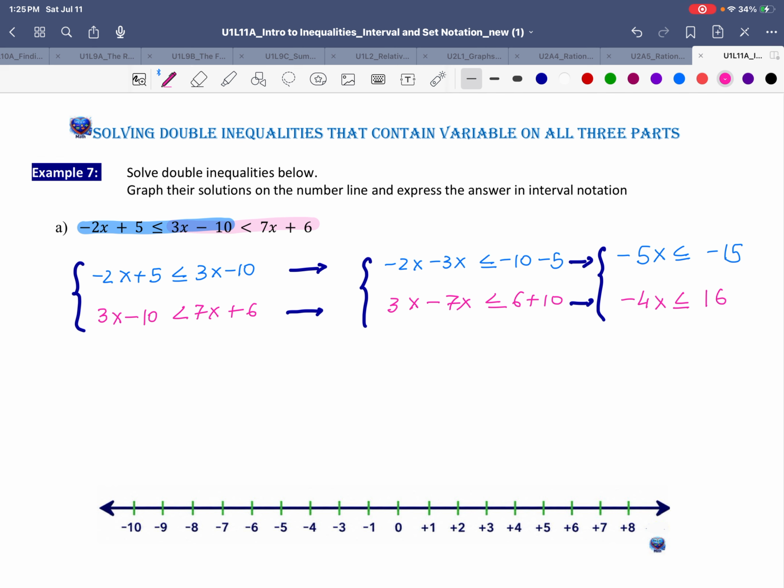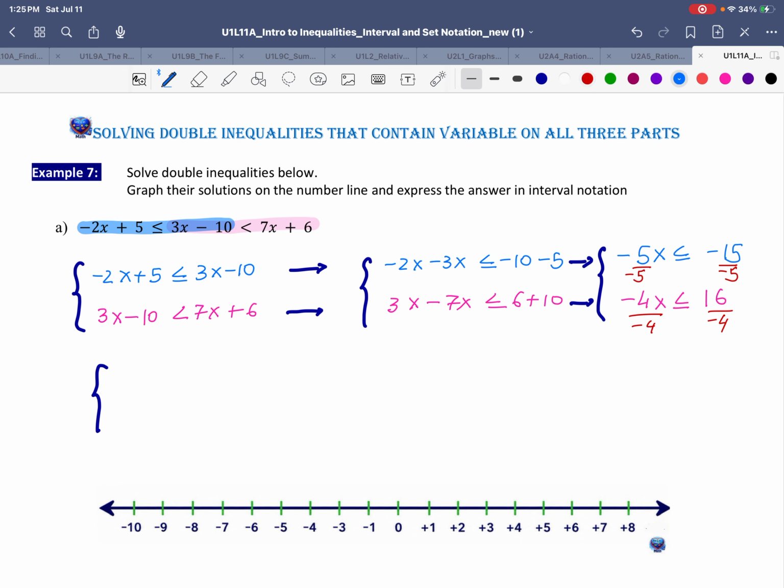Oh, these are very nice numbers. So one more step to go. We'll divide both sides of these inequalities by the coefficient of x, respectively. So divide by negative 5 every term in the first, and by negative 4 every term in the second inequality. As you can see, in both inequalities we are dividing by a negative, so the directions of the inequalities will change in both of them.